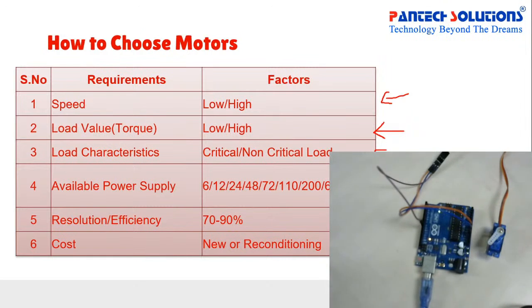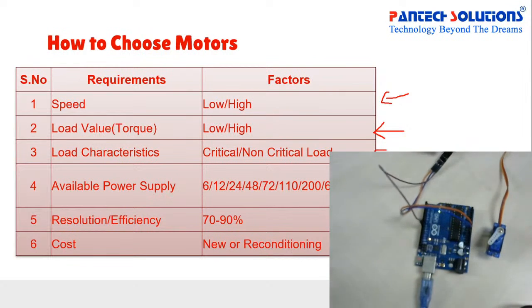A lift is a very critical load, and similarly medical equipments are critical loads. Wherever a human is involved, where the load handles a human facility, that entire load comes under the critical load category. The remaining ones are not critical loads. So for that we can use some resolution based factors.